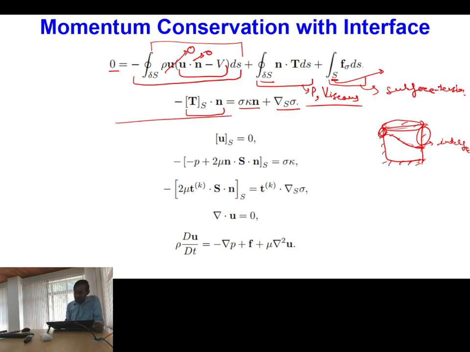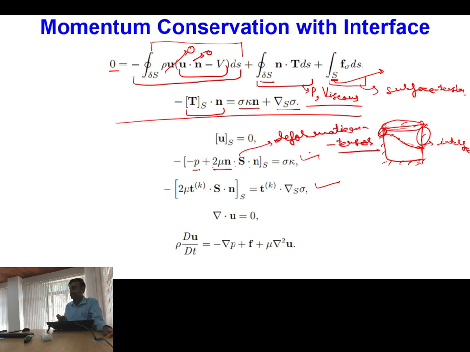Okay, so these are now the surface forces. Of course, this equation, if you divide into two components, one is the normal component and the other is the tangential component, then this will be giving you these two equations. Okay, the first equation is minus of P plus 2 mu n dot S dot n. What is S over here? S is the deformation tensor.